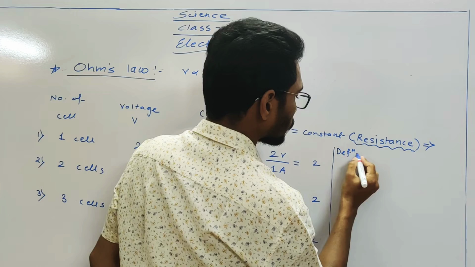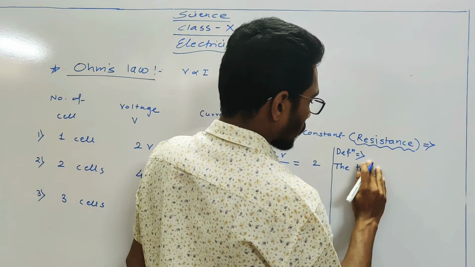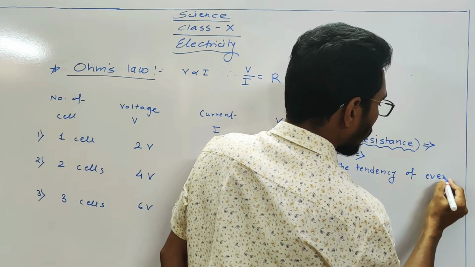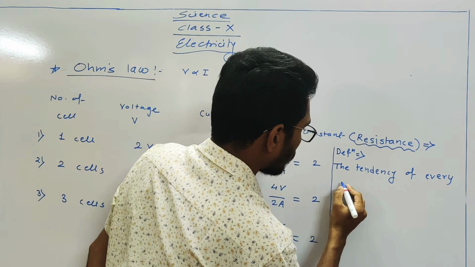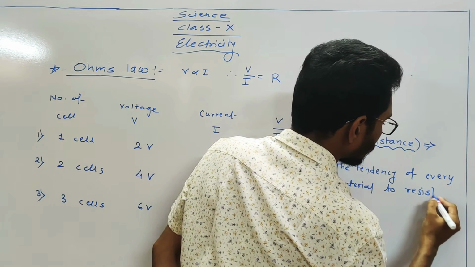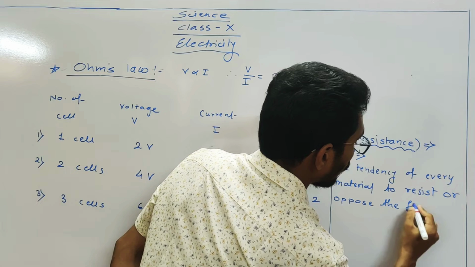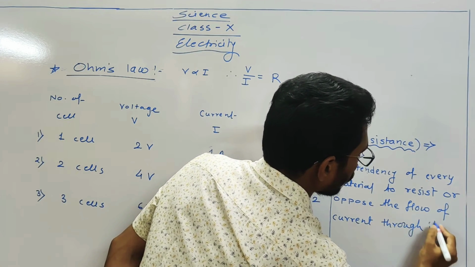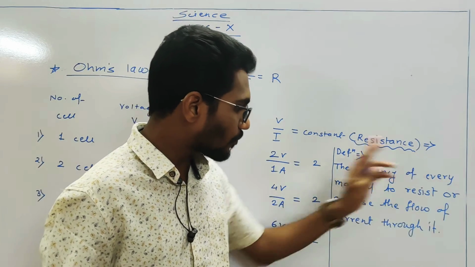If you want to define this term resistance, resistance is nothing but the tendency of every material to resist, or we can say oppose, the flow of current through it.